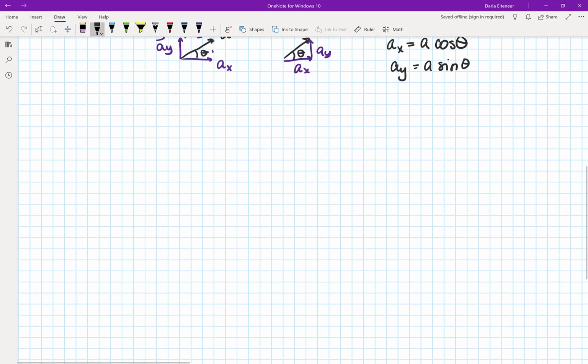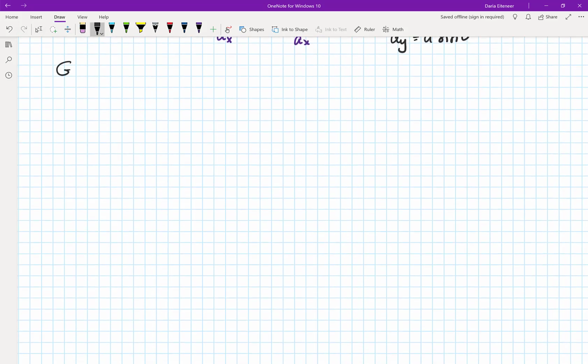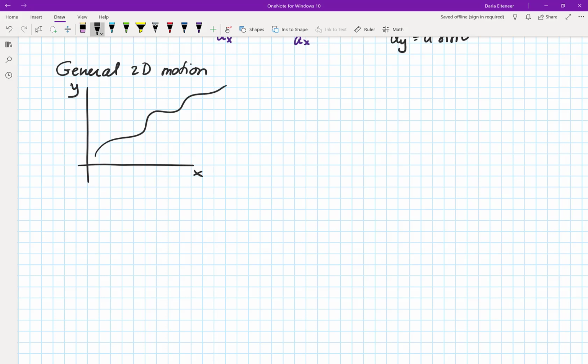So, for example, I can do something like this, general 2D motion. If I had an xy plane, right, I can just draw a random path of an object through an xy plane, I can figure out what's going on with velocity and acceleration.